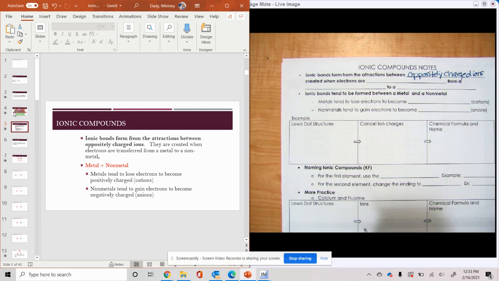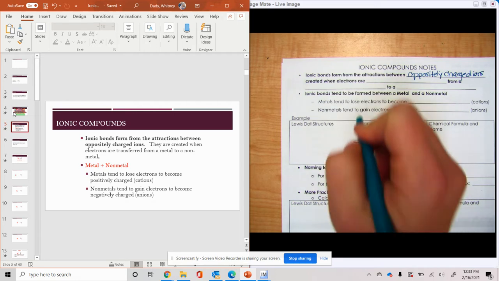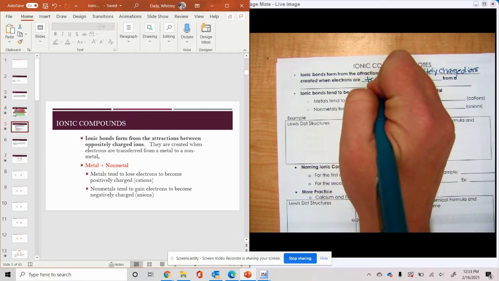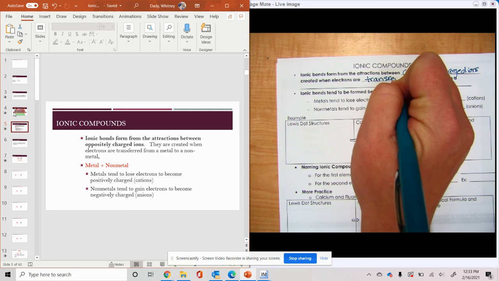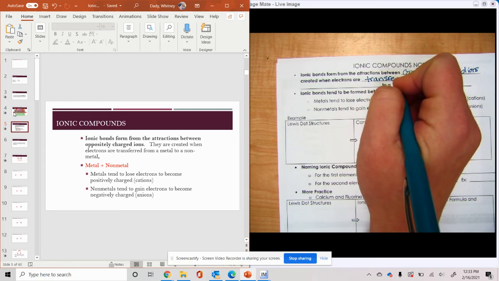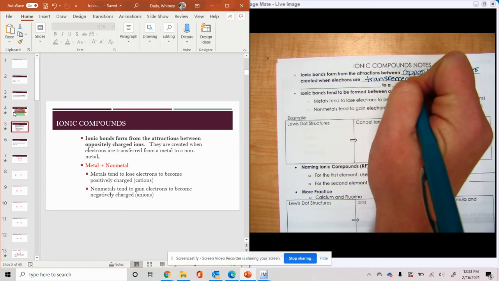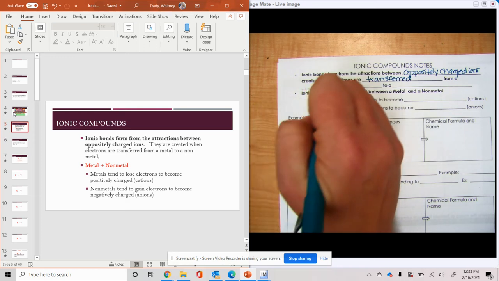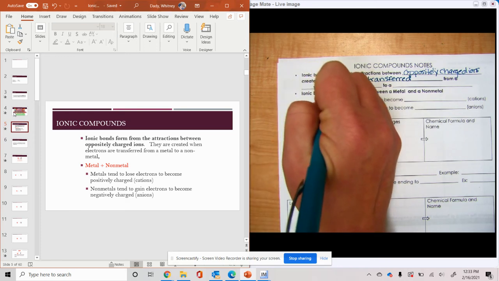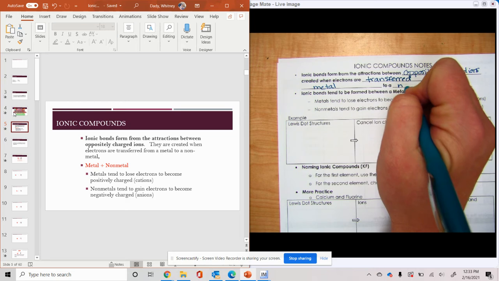They're going to be created when electrons are transferred from a metal to a nonmetal.